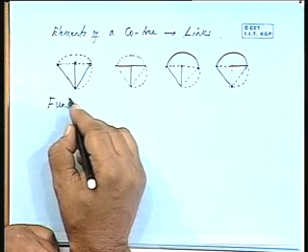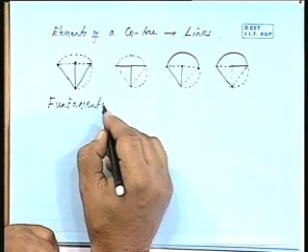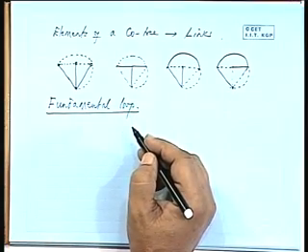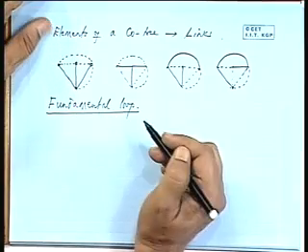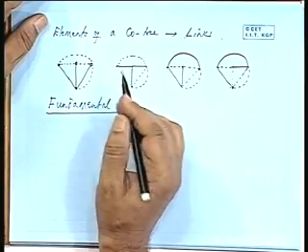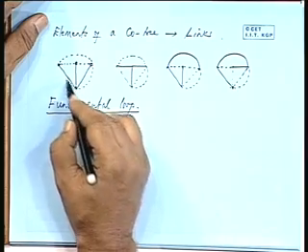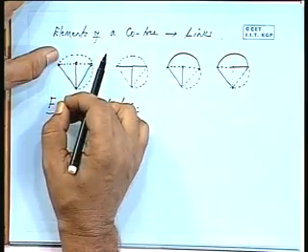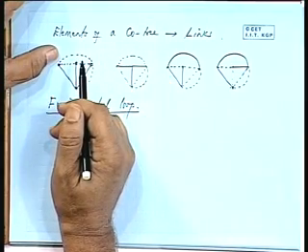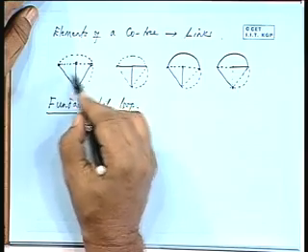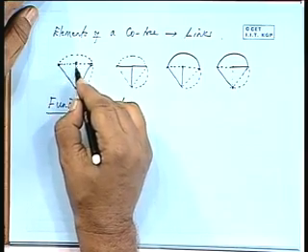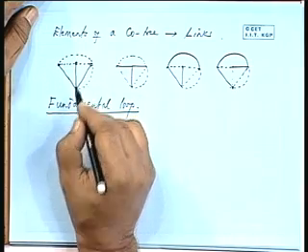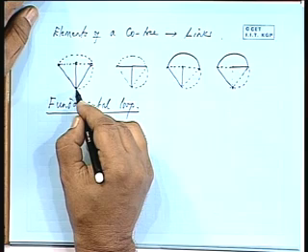Fundamental loop. By fundamental loop we mean, once you select a tree, you put one link at a time, and the loops formed by replacement of such links will be known as fundamental loops. If I have selected this as the tree, then this is one fundamental loop, this is one fundamental loop, and this is one fundamental loop.